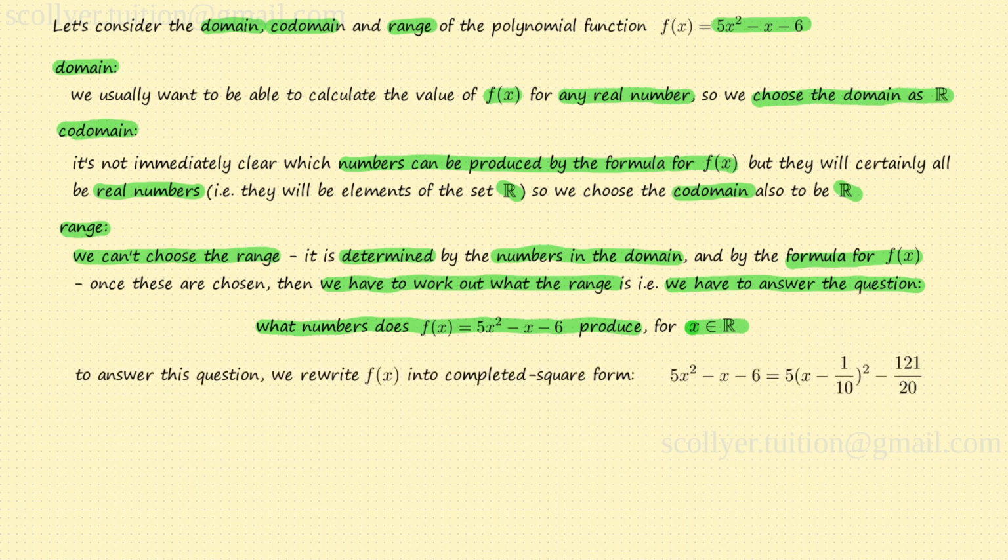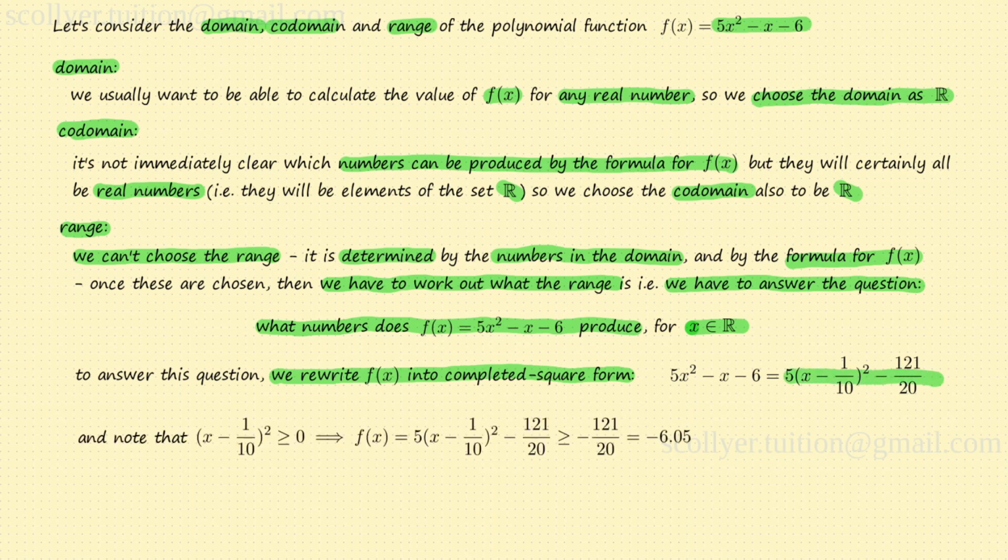Now for this particular function, we can determine the range by rewriting f of x into what is called completed square form, which is shown here. I won't go through all of the details, but we can show that f of x is always going to produce numbers that are greater than or equal to minus 6.05.